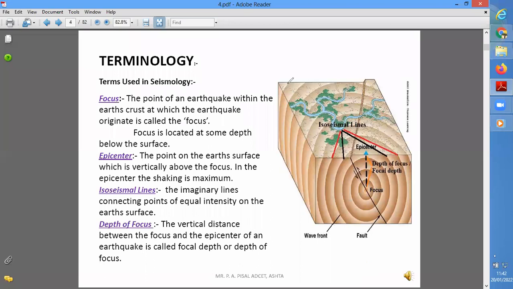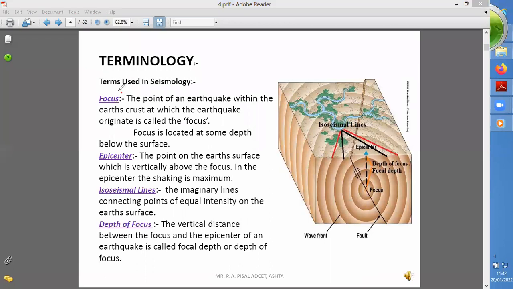Now, in the terms of earthquake, the first and most important term is the focus of an earthquake. So what is the meaning of focus? Just see here. The point of an earthquake within the earth crust at which the earthquake originates is called the focus. So remember that the focus is the point of earthquake origin.